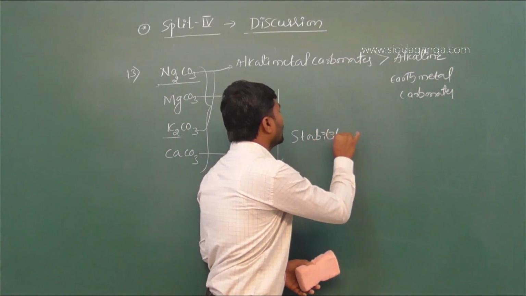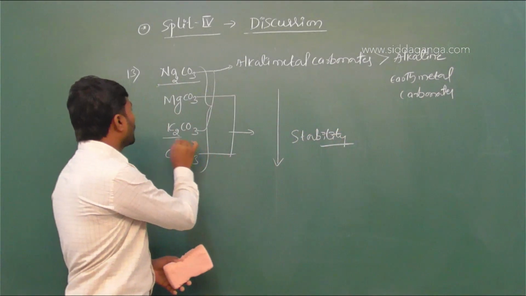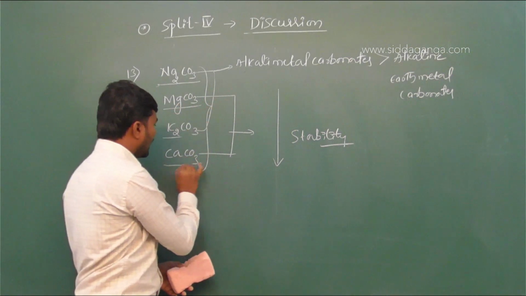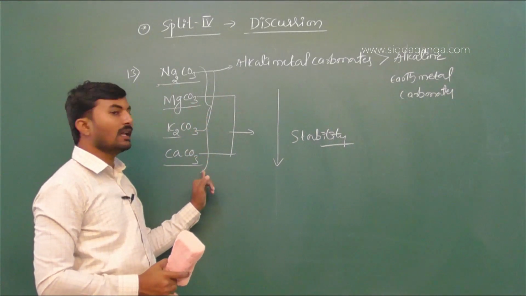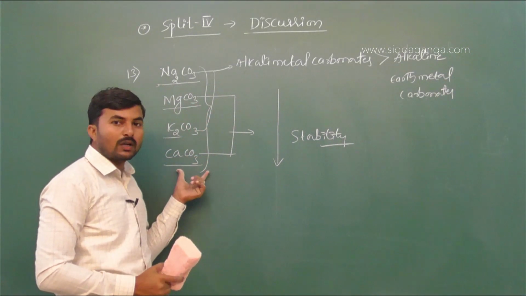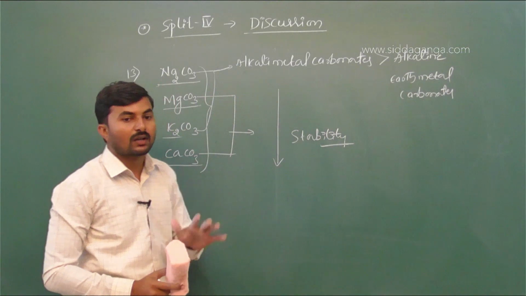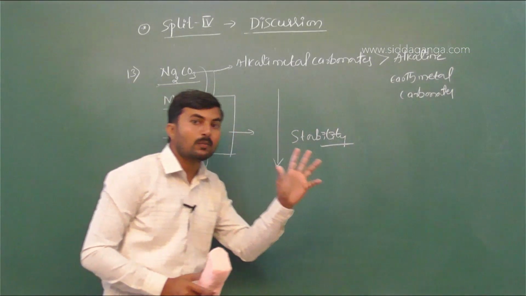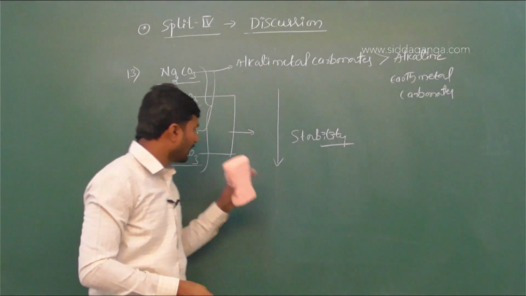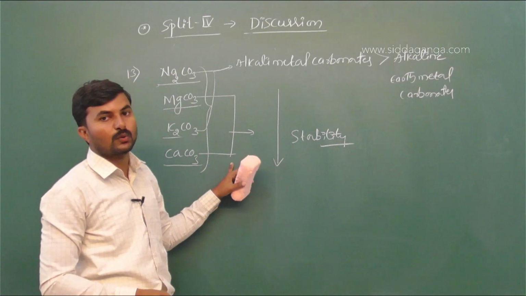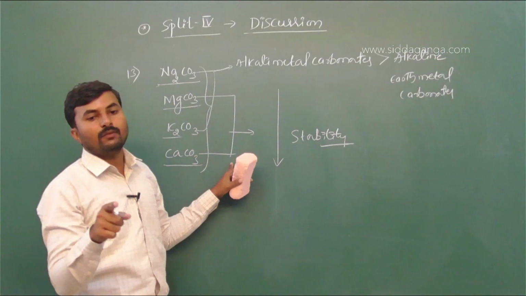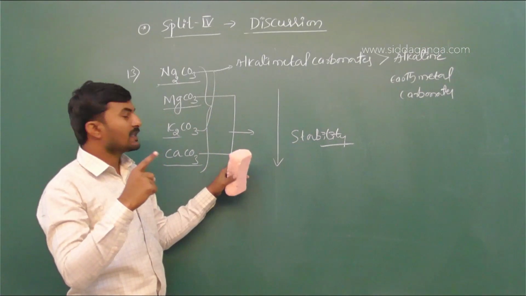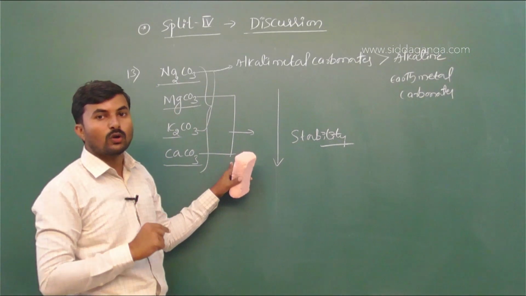When we compare the stabilities of magnesium carbonate with calcium carbonate, calcium carbonate is more stable in nature. That does not mean calcium carbonate does not decompose. Calcium carbonate also undergoes decomposition, but the question is which carbonate releases carbon dioxide most easily.